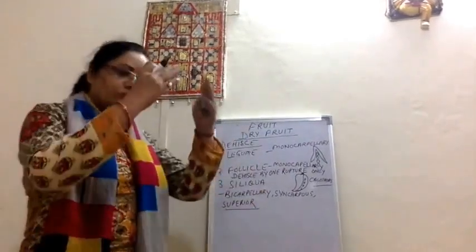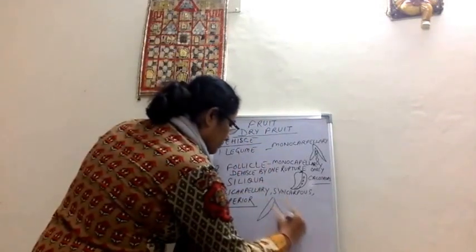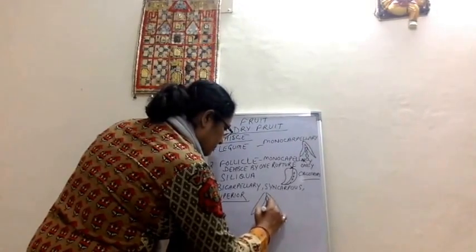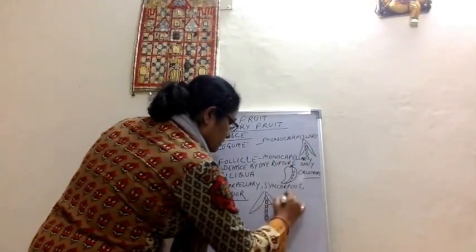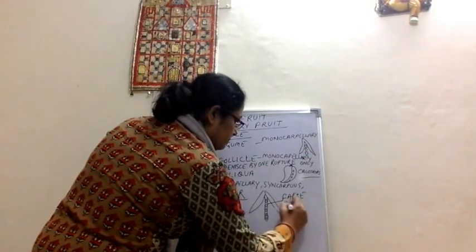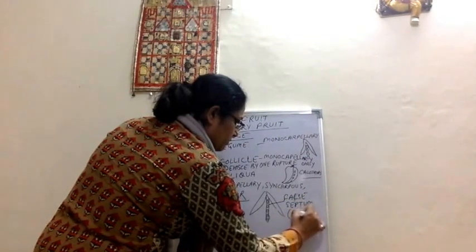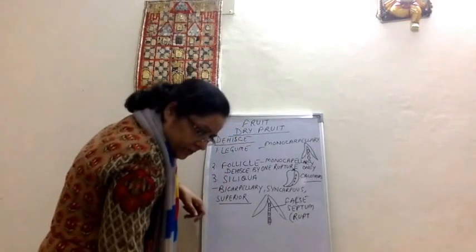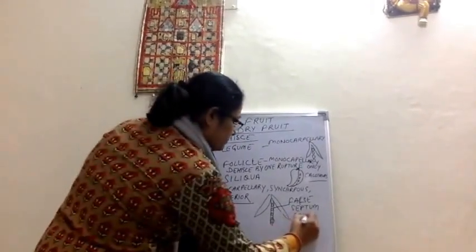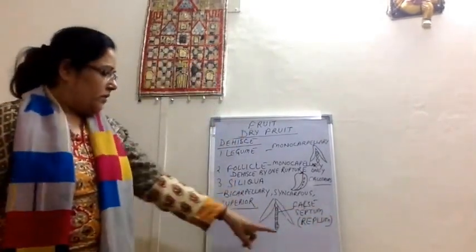They also split open in two, like this, but seeds remain attached to the false septum, which is also called replum.